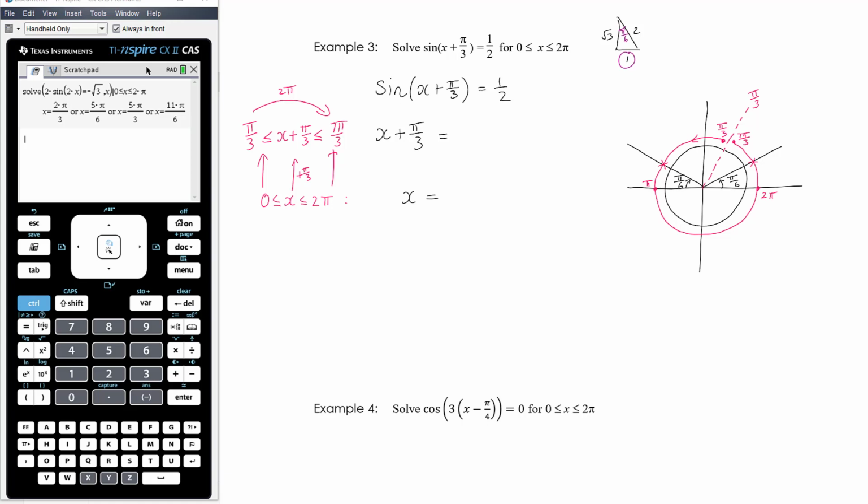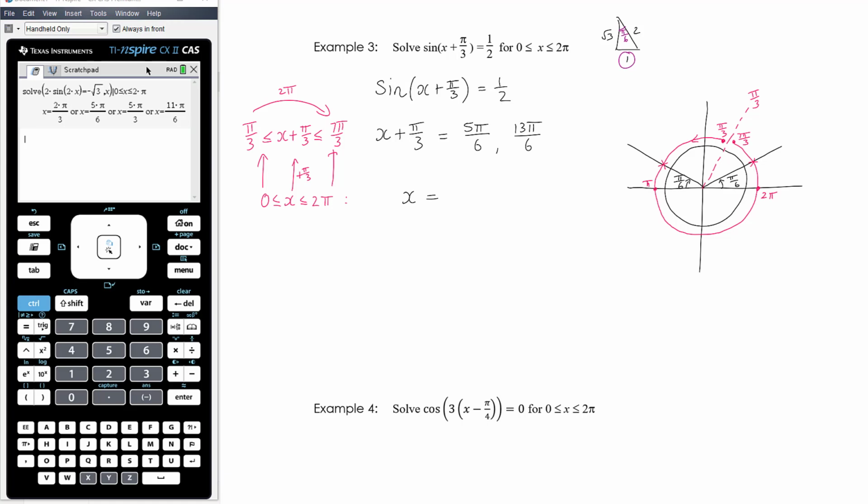So the two solutions we want here are pi minus pi on 6, that's 5 pi on 6, and 2 pi plus pi on 6, which is 13 pi on 6. Okay, we're not interested in pi on 6.